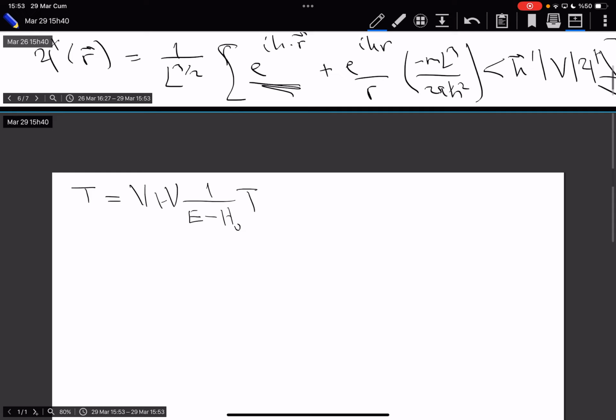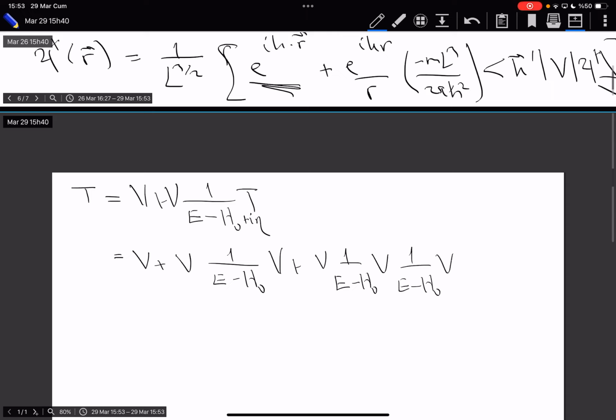And so, of course, you can just write it as an expansion: V plus V 1 over E minus H0 V, plus V 1 over E minus H0 V 1 over E minus H0 V, plus all the infinitely many terms. And if V is small enough in some sense, well, the first term will be a good enough approximation.